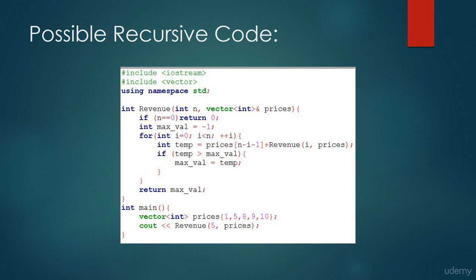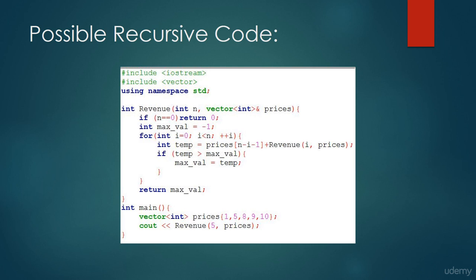Inside the loop, we're going to initialize a temporary variable that will store the value of prices n minus i minus 1. So, for example, when i is 0, it's going to store prices n minus 0 minus 1, which is prices n minus 1, which is price n, plus revenue of 0, and revenue 0 is 0, so it's going to store Pn.